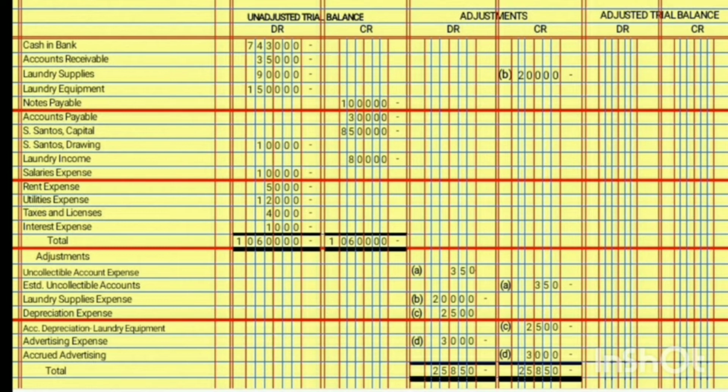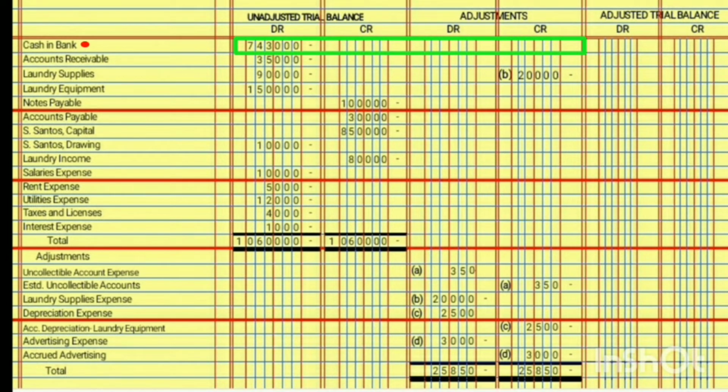Ang susunod natin gawin ay ang adjusted trial balance. So here, i-combine lang natin yung unadjusted trial balance at ang adjustments. So let's start with the cash in bank. So the cash in bank has a debit balance of 743,000 under the unadjusted trial balance. And then walang adjustments na nangyayari.